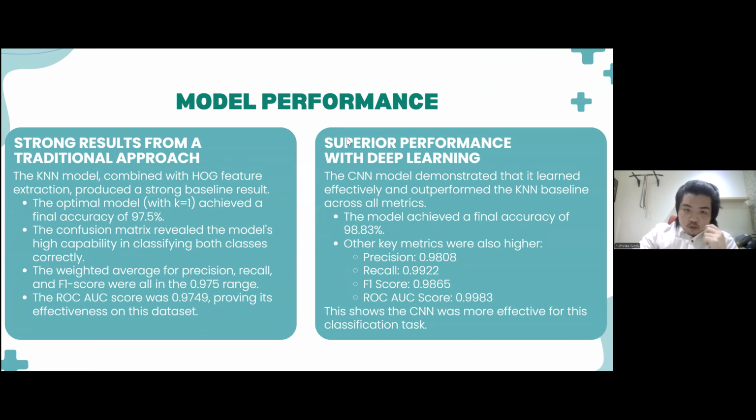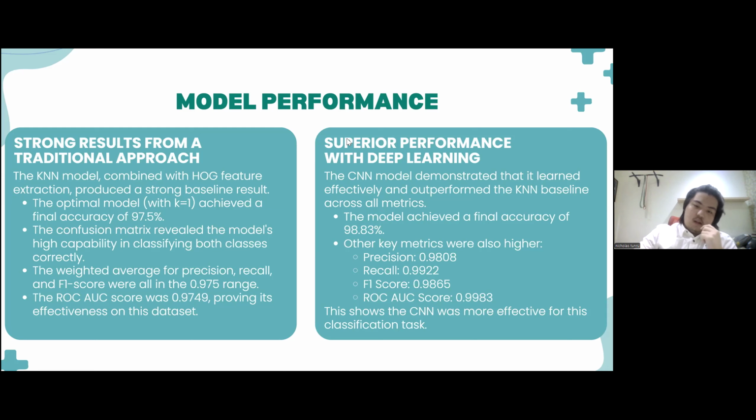The confusion matrix you see here shows the model's strong ability to correctly classify both tumor and non-tumor cases. The detailed classification report confirmed these findings, with precision, recall, and F1 scores all consistently around 0.975. This demonstrates that a traditional machine learning approach with effective feature extraction, like HOG, can be a very strong baseline.